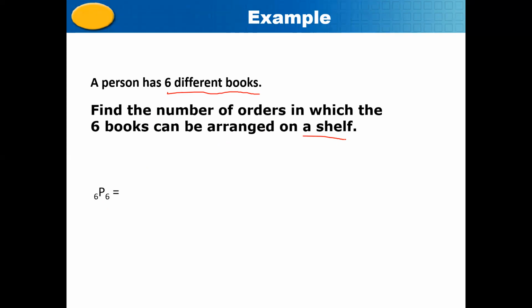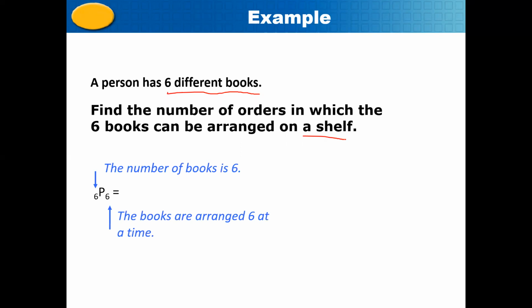6P6 equal to, number of books is 6, as we know this n, and r, the books are arranged 6 at a time, and as we know n factorial divided by n minus r factorial.